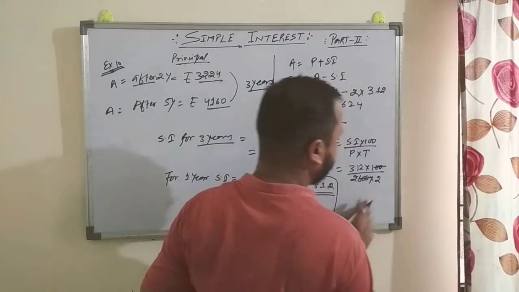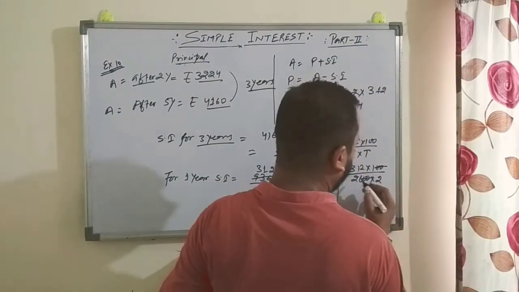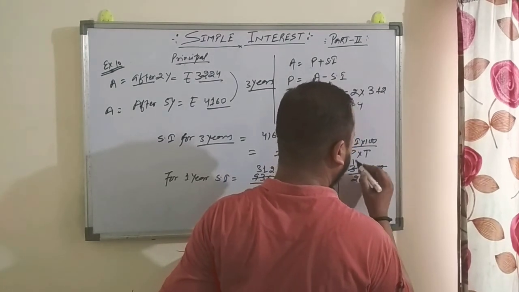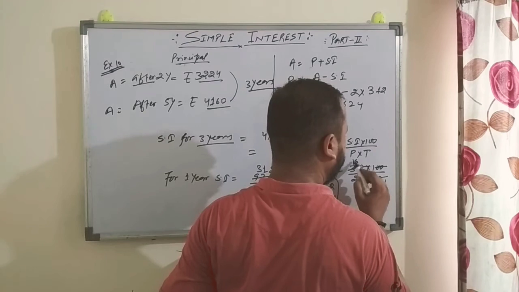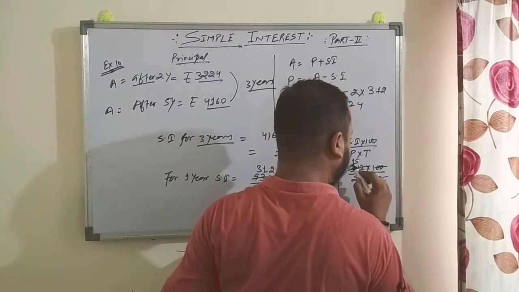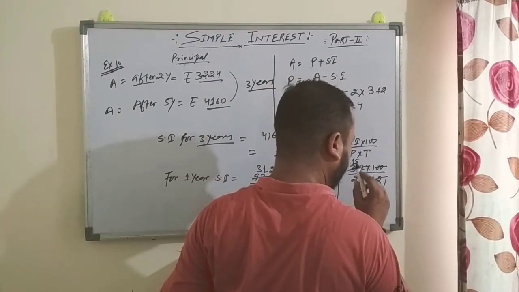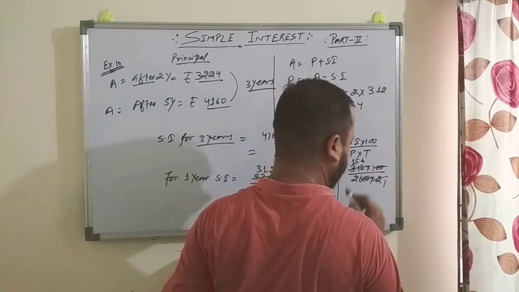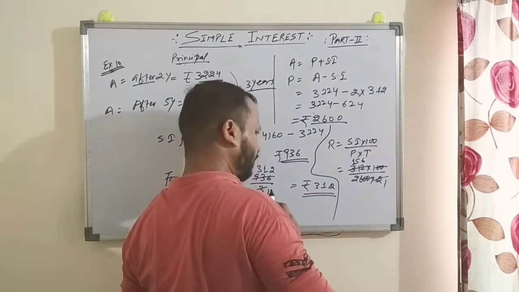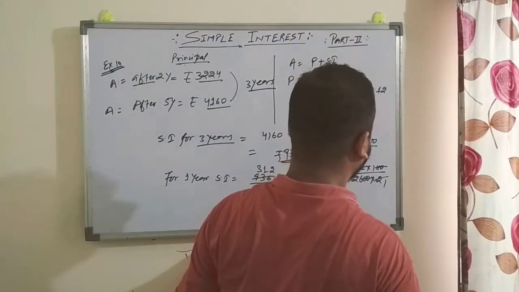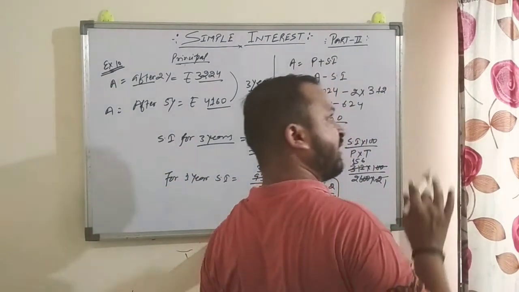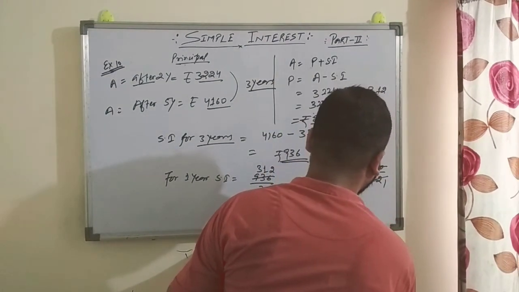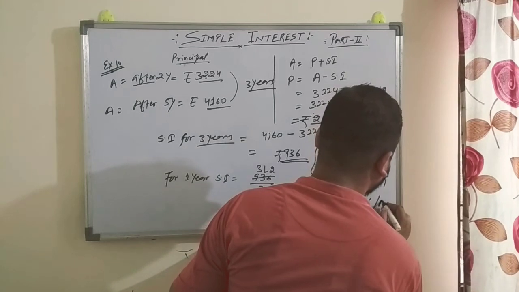Then the calculation: 2 1s are 2, 2 5s are 10, 6 6s are 36, carry 3. So R is 6% per annum.